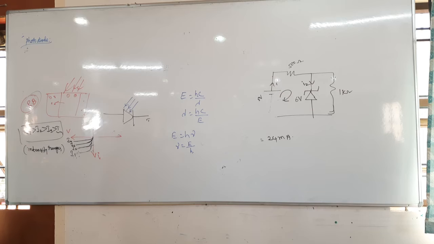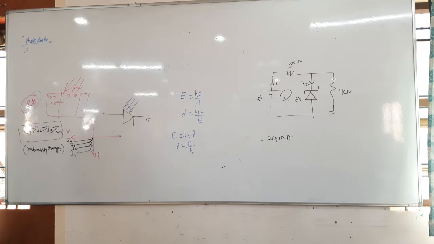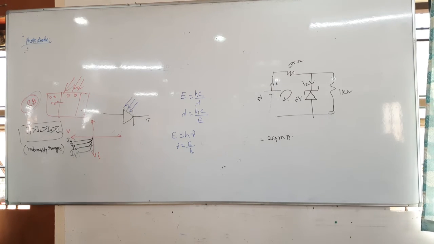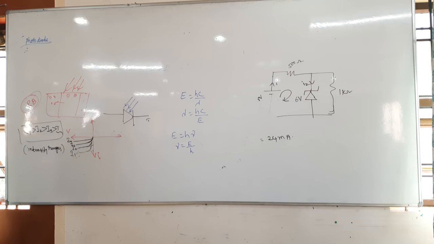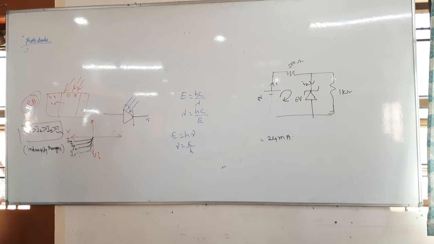Write the problem first. A photodetector is made from a semiconductor of energy gap Eg equals 0.7 electron volt.